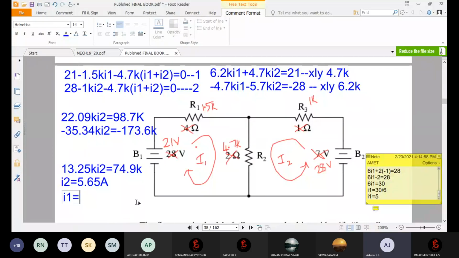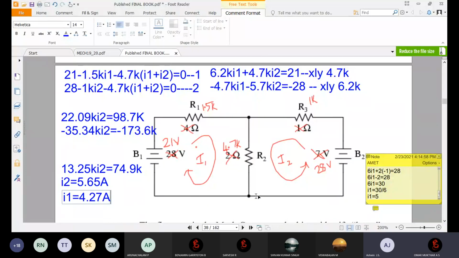26K minus 21, divided by 6,200. I get 4.27. I got 4.27 amps. Whether everyone got this value?